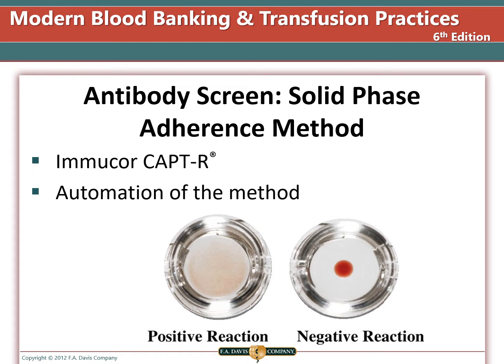If the cells do not become coated in antibodies, then the screen cells will form a button at the bottom. Be very careful to think about what a positive looks like, since we tend to think of a dot of cells being a clump and being positive in the tube method. When you are new at this, think about what positive and negative looks like, and then read and record the results.